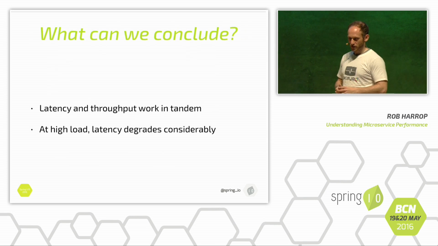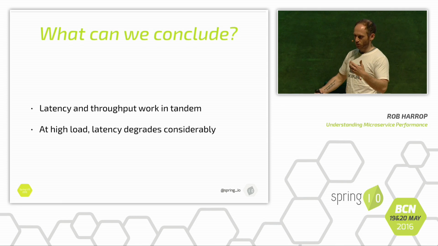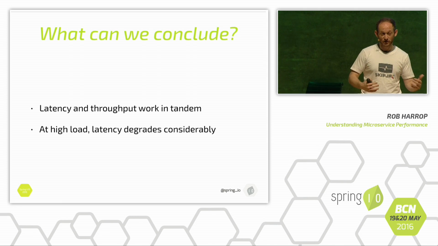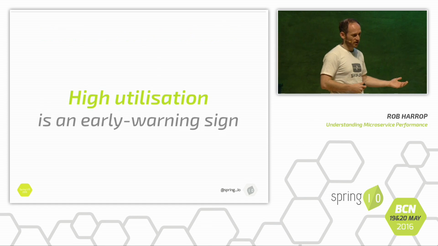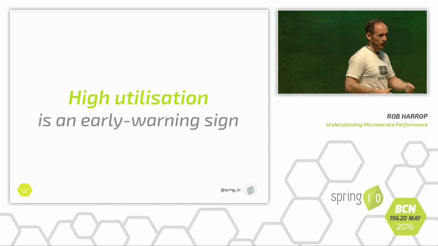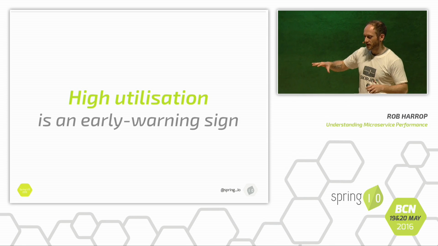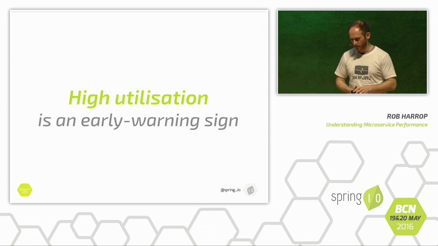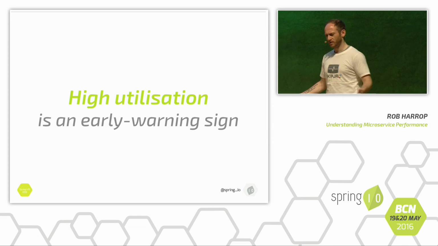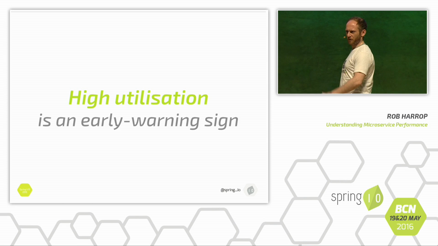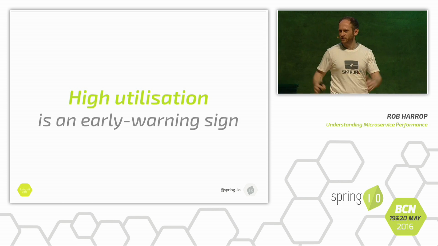So it's really important to think about how your throughput and your reaction to offered load can actually affect latency. And the key realization is high utilization is an early warning sign of bad latencies. If you're setting up monitoring for your system and you're thinking about where to put what often seem like completely arbitrary alerts, often we see customers with alerts on 50% CPU usage or disk space running out, and these seem arbitrary.